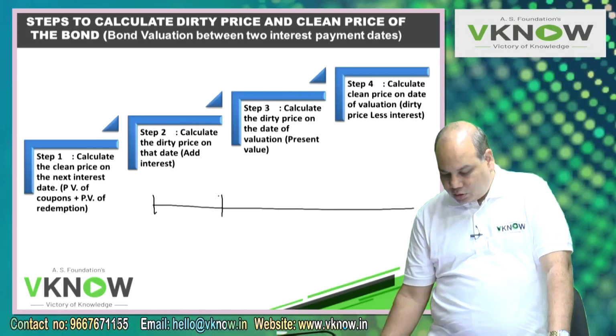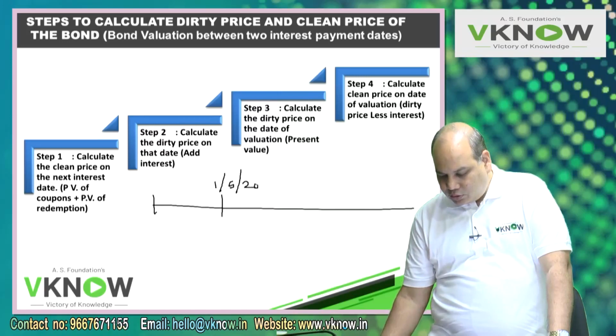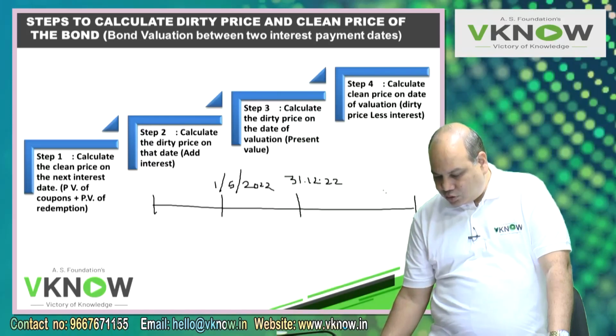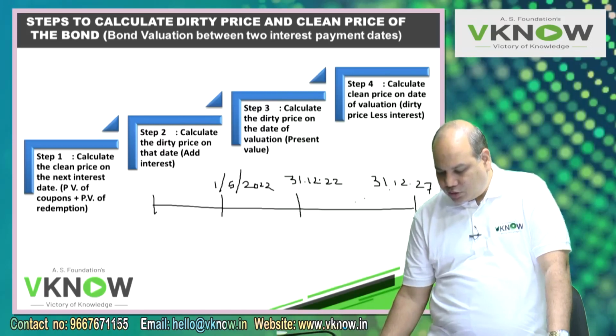So our valuation date is 1st May 2022. Next coupon date is 31/12/22, and this bond will mature on, suppose, 31/12/27, date of maturity.